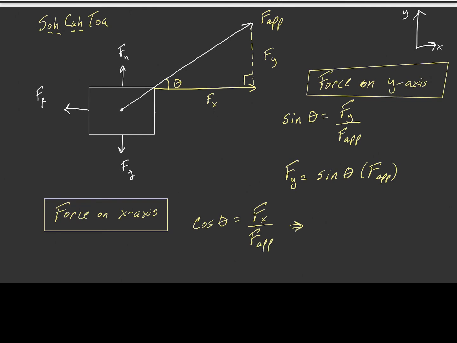So if we were to resolve the force on the x component of this motion, it would be the cosine of theta times the applied force. So these are examples of how we would actually resolve our motion. Let's take a look at this more as a whole.